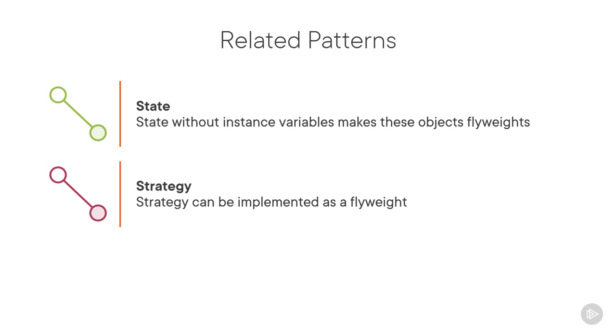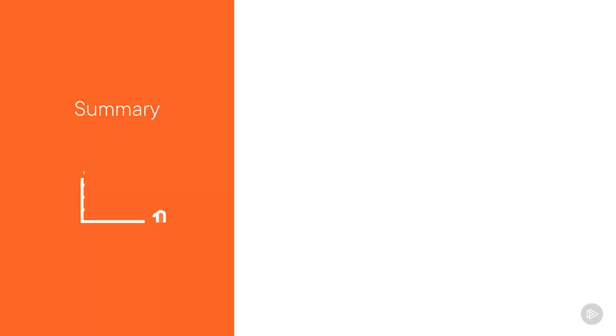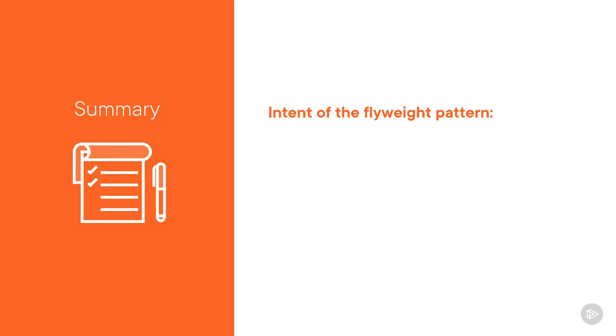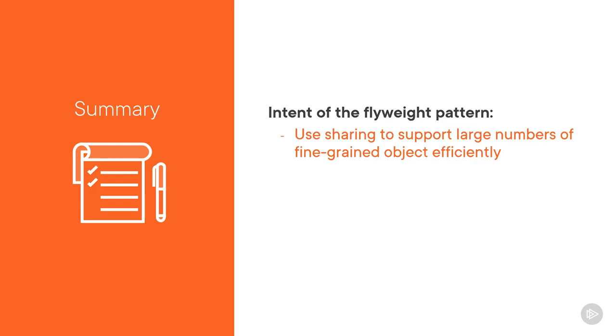And with that, it's time for the module summary. The flyweight pattern is a pattern that uses sharing to support large numbers of fine-grained objects efficiently. Two key concepts related to the pattern are intrinsic and extrinsic state. The intrinsic state can be described as state data that is independent of the context.